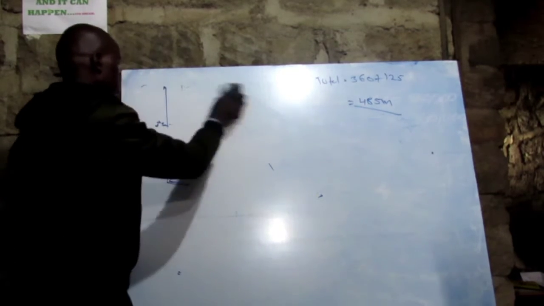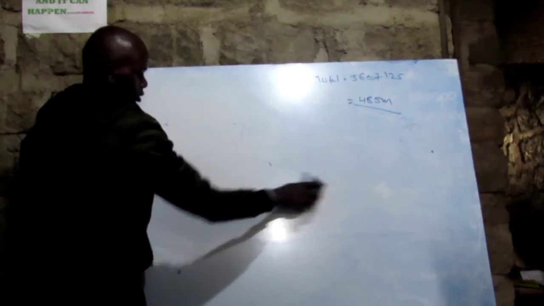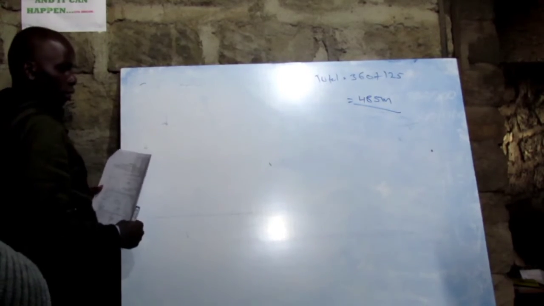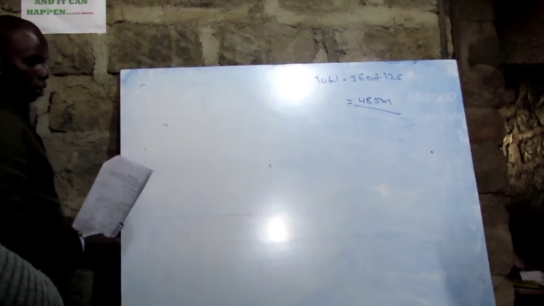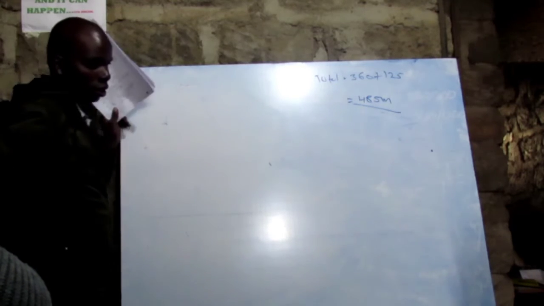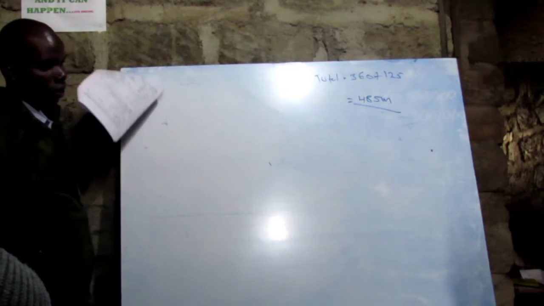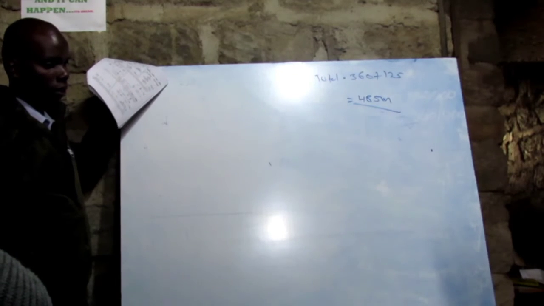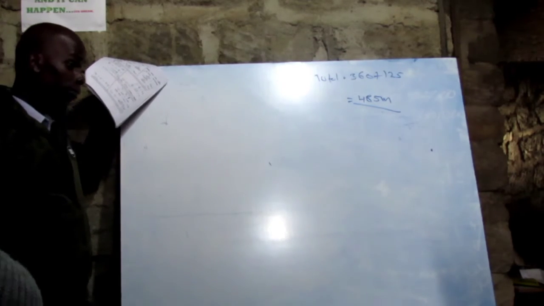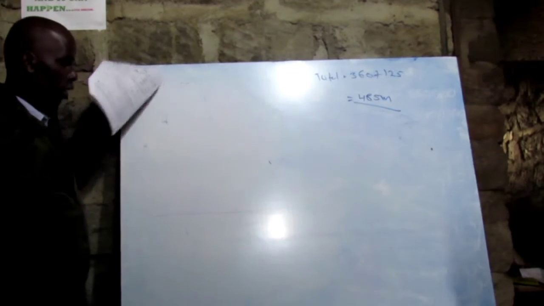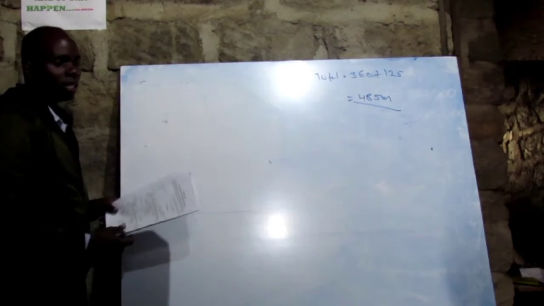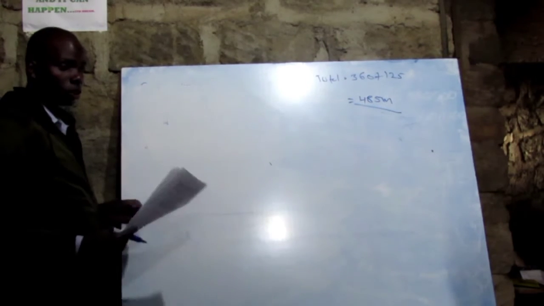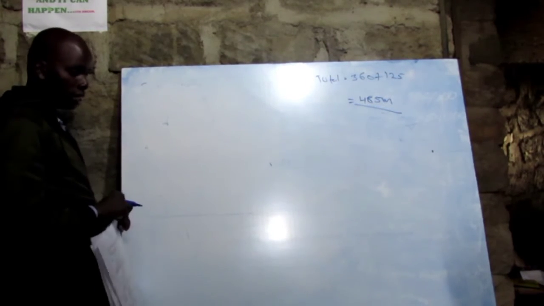A train 100 meters long traveling at 72 kilometers per hour overtakes another train traveling in the same direction at 56 kilometers per hour and passes it completely in 54 seconds. Find the length of the second train. I have said when you are given the length of trains, relative distance is the total distance of the trains, isn't it?